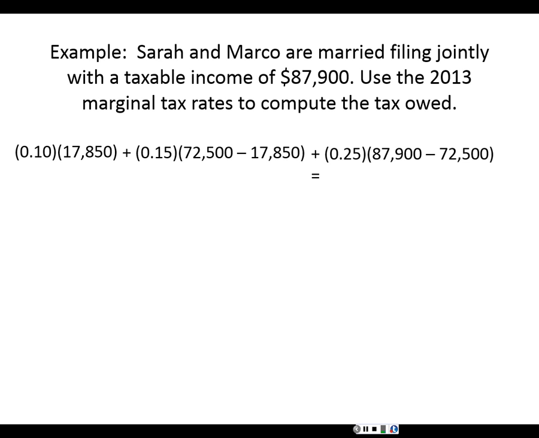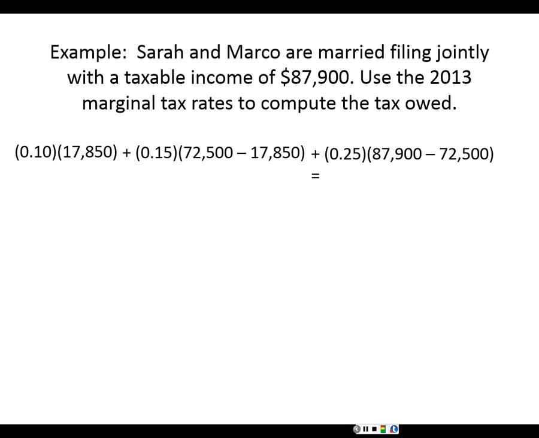Now, you can type all that into your calculator all at once as long as you're very careful about your parentheses. You really don't need the parentheses around the 10%, the 15%, the 25%. You don't have to have those. But you do have to have the ones around the income amounts. So make sure you open and close all your parentheses on the calculator correctly or you get the wrong answer. Now, some people do this problem in pieces and parts.